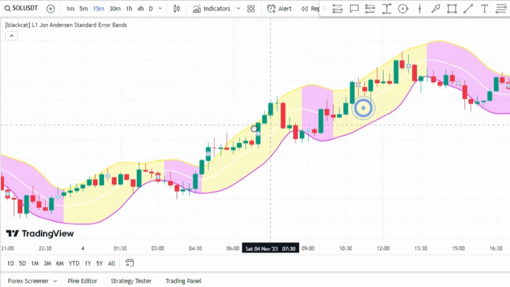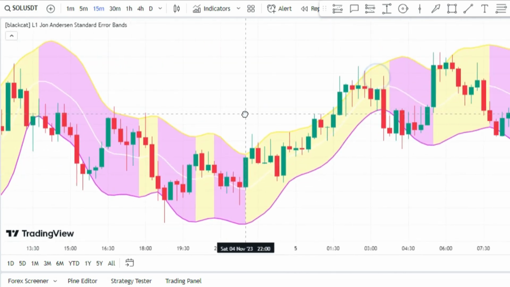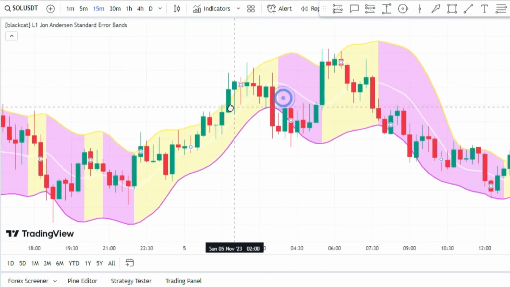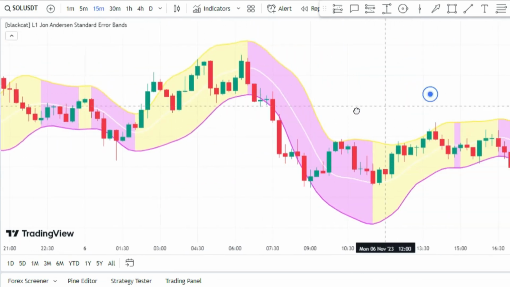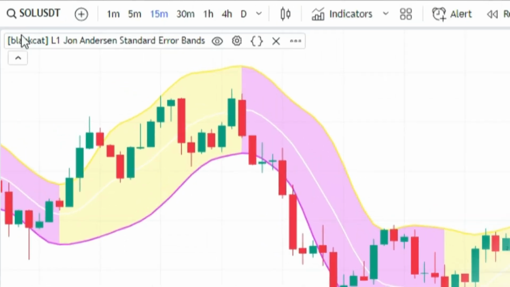Once the indicator is added, it'll appear on your chart with a colorful band and signals that indicate when to enter trades. But before we dive into trading with it, let's go to its settings and make some tweaks to optimize it.